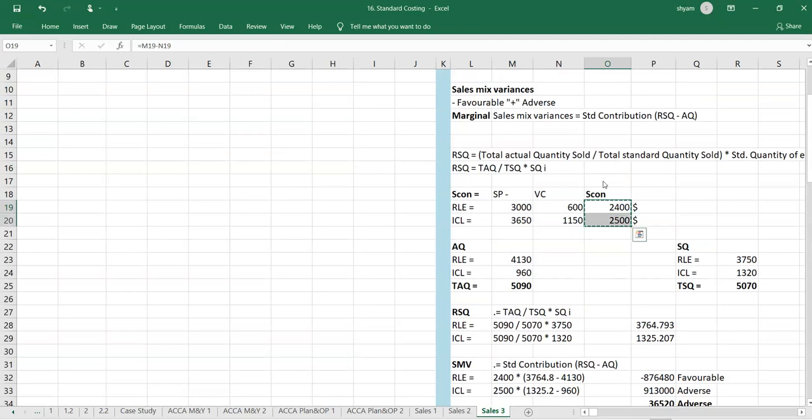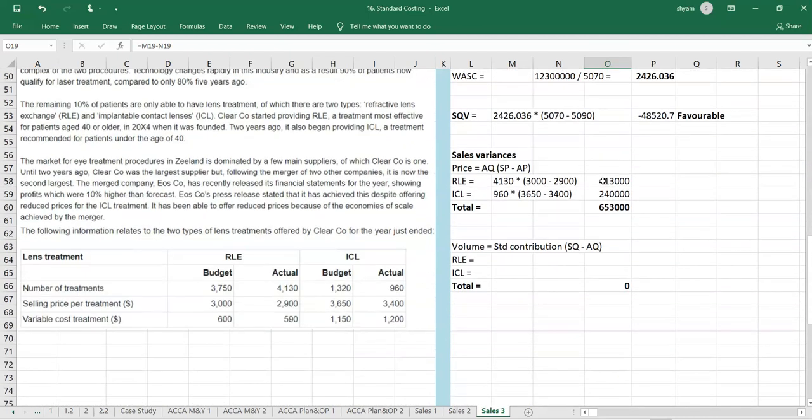This is standard contribution into SQ, standard quantity. Standard quantity is 3750 minus actual quantity, actual quantity is 4130.